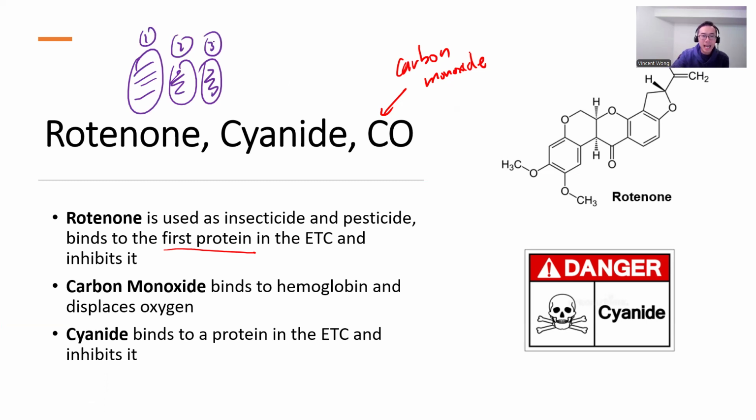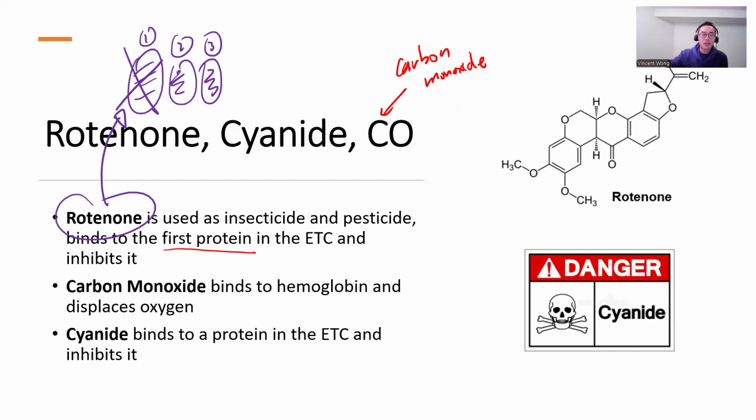The NADH is supposed to drop off the electron at number one, and the electron flows through. What rotenone does is go to number one, bind to it, and block it. Then the NADH cannot drop off the electron, and you can't make ATP.